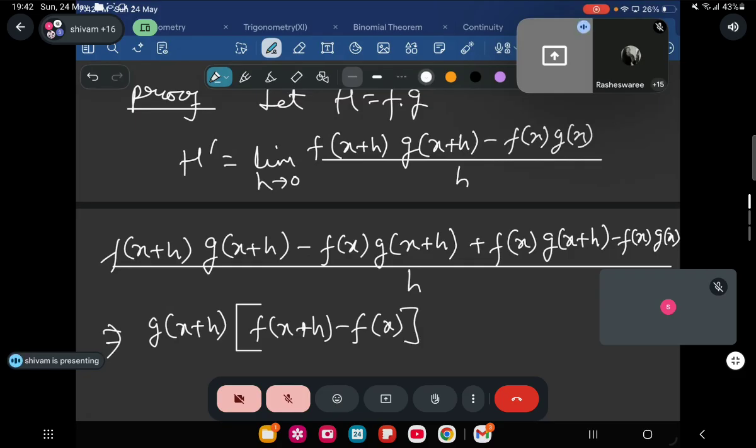F of x plus h into g of x plus h minus f of x into g of x plus h. If you take g of x plus h common, we get f of x plus h minus f of x. Over here also we should get f of x plus h minus f of x, but we are not getting this. That means I have added and subtracted wrong terms. Okay, let me think.